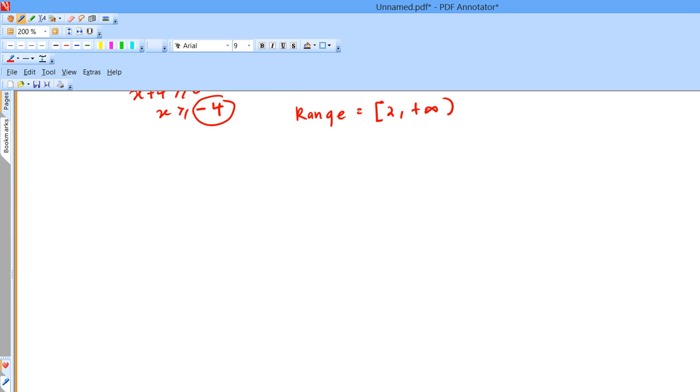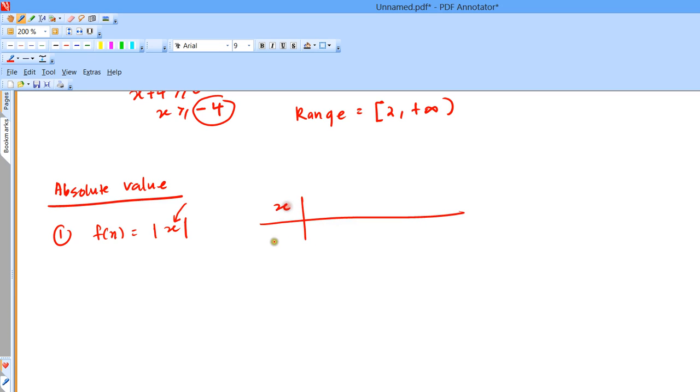Okay, next is absolute value. The first example, f(x) equal to modulus x. Modulus means every value must be positive. So actually we can take any value of x, from negative, 0 and positive.